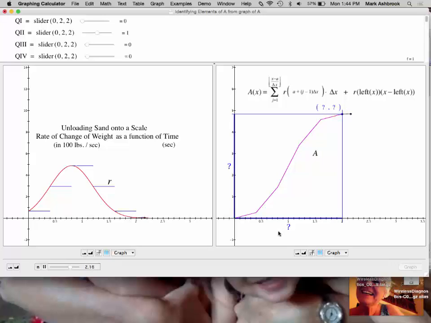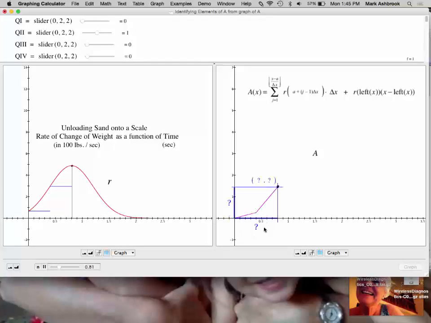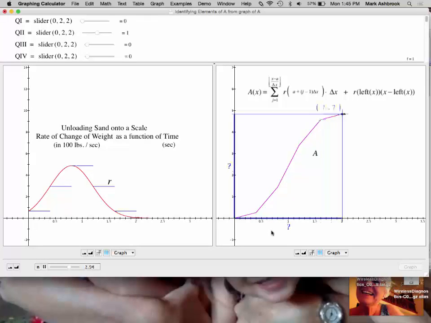Say it, someone said it. Left x. That's what this is. It's left x, right? It's the starting value of x for the current interval, which would be also the x value at the end of the last completed interval. So this is left x, and this is all the accumulated weight of sand from the completed intervals.